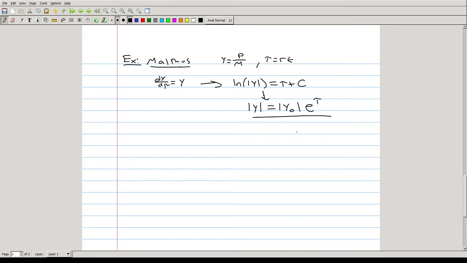And we can go through and find the dimensionalized solution of this in terms of population, like I showed last lecture. But the main idea here is that this is giving us 3 possible orbits, or 3 possible solutions to our ODE. Specifically, we have a solution for negative values of y.